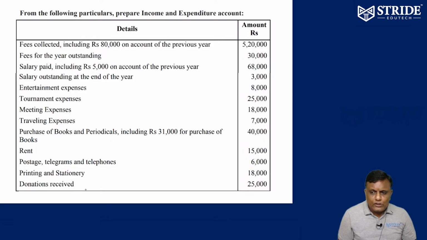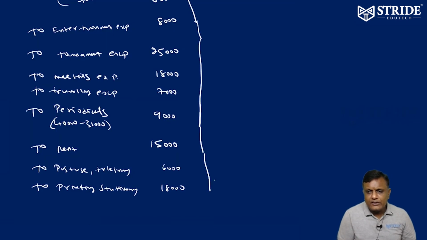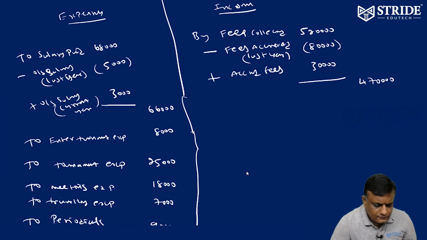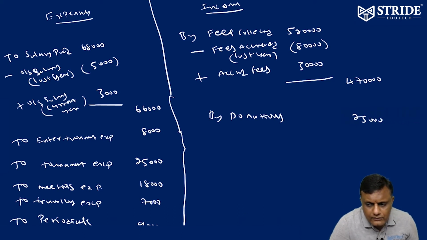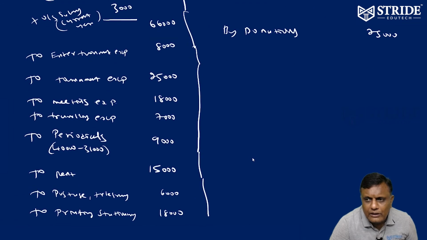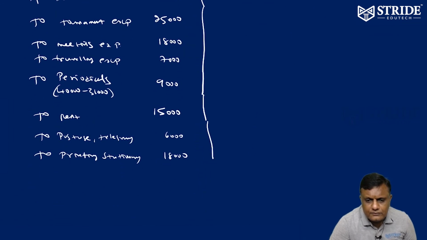That's it. Next, donation received 25,000. My assumption is that donation received is a revenue income. By donations, the entire 25,000 is a revenue income. That's it.